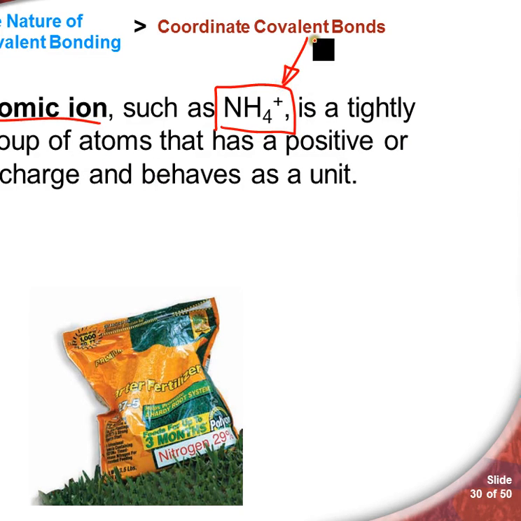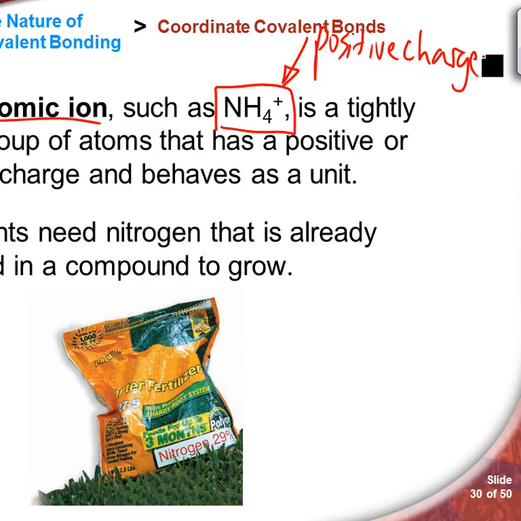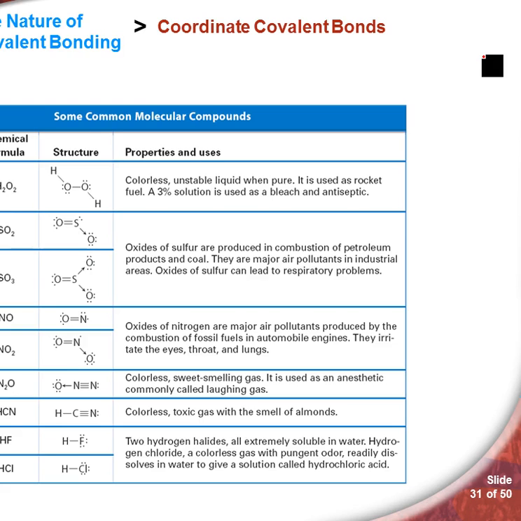This is an example of one that has a positive charge. But in general, polyatomic ions can either have positive or negative charges. Most plants need nitrogen so that they can grow. It's one of the key elements they need in the soil.